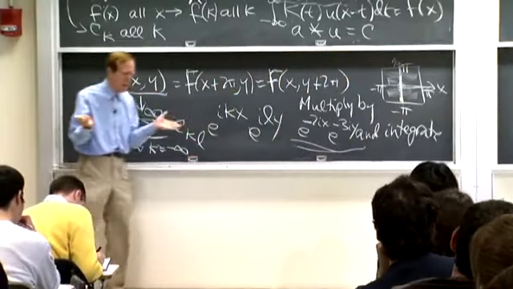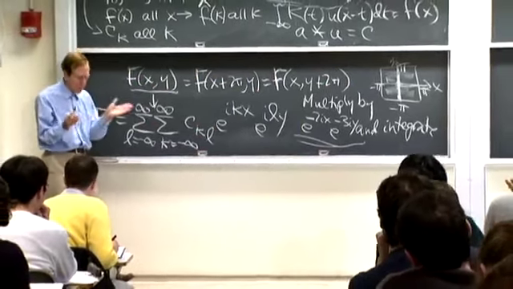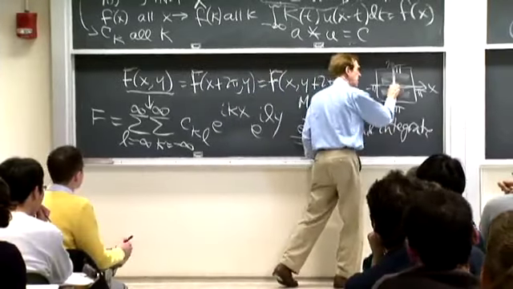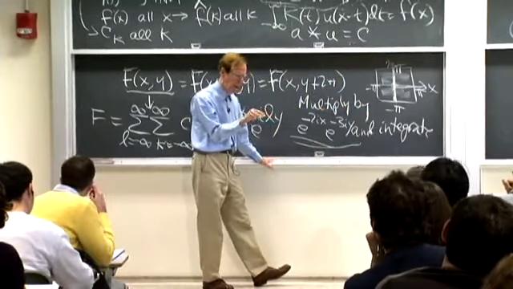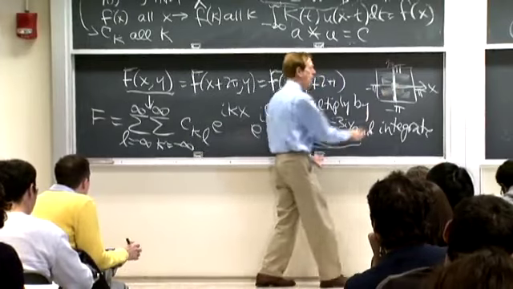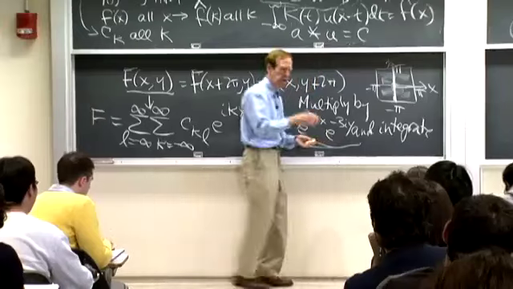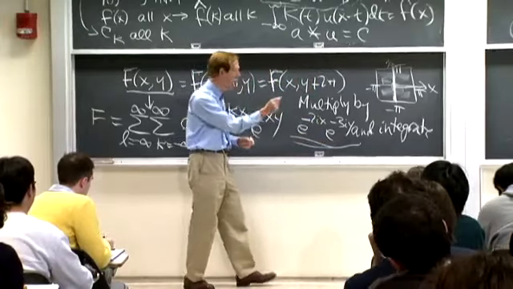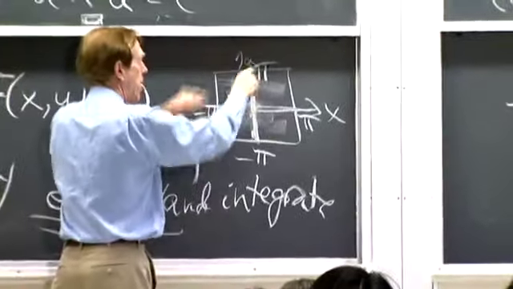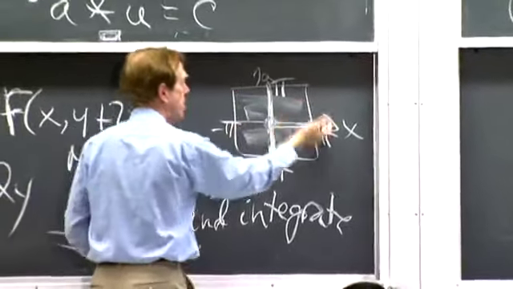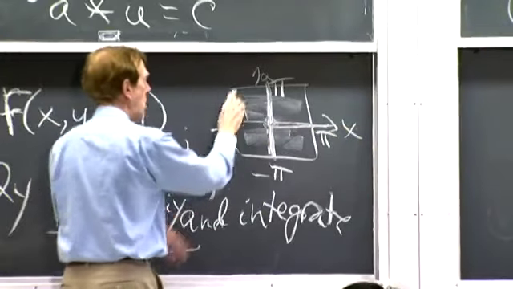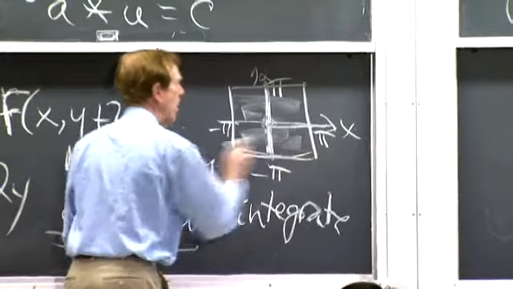Now, here's a crazy example, just to say there is something new in 2D. Previously, my delta function was just at that point, and all integrals just picked out the value at that point. But now think of a line of spikes going up here, and of course it's periodic, so that line continues, and this line appears here, and this line appears here. But I only have to focus on one period square.